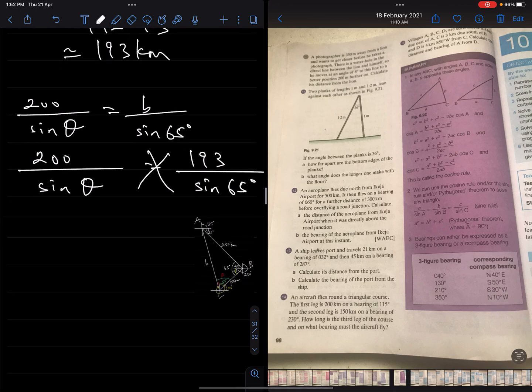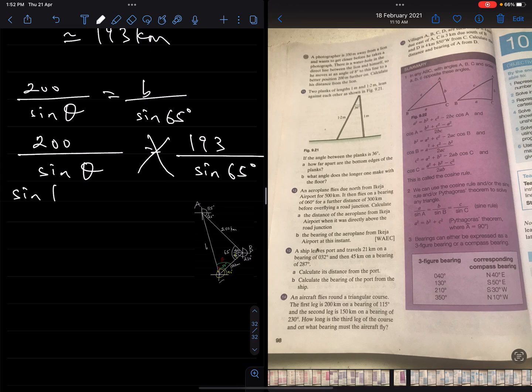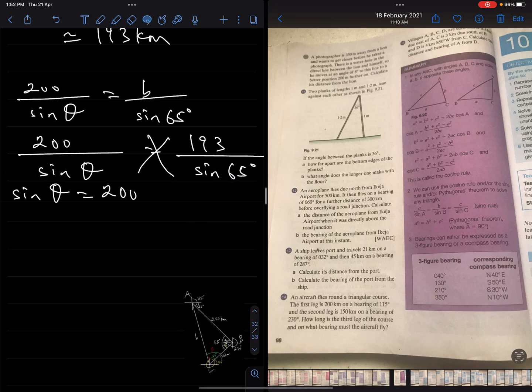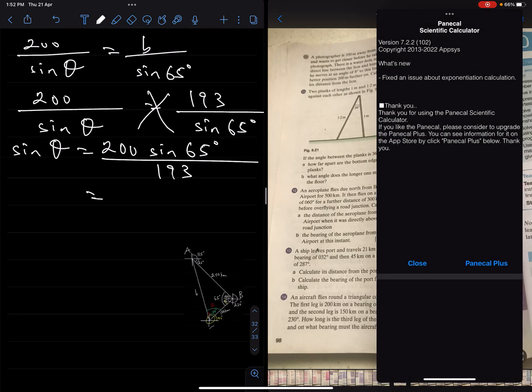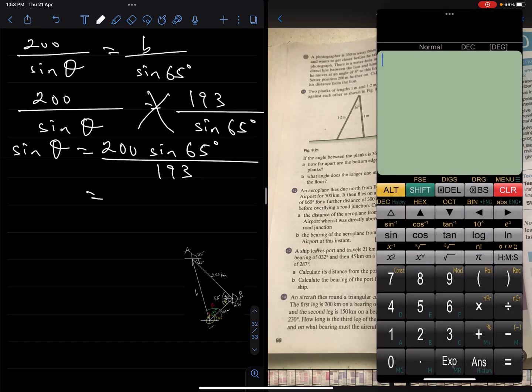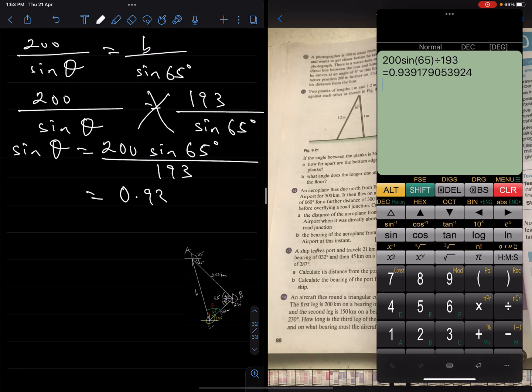When I cross multiply and make sine theta the subject, sine theta will be equal to 200 sine 65 degrees divided by 193, and that's equal to 0.9392.